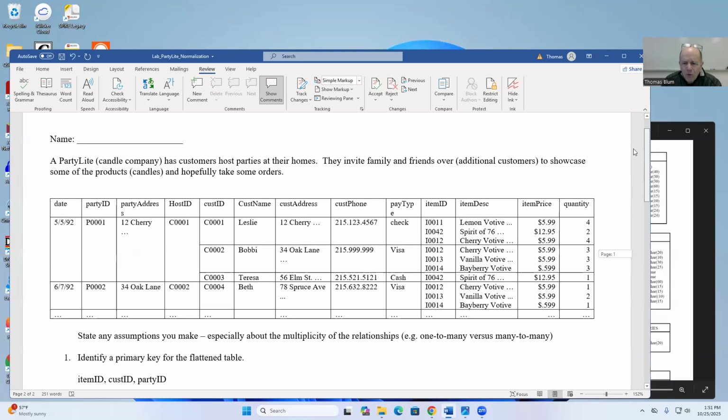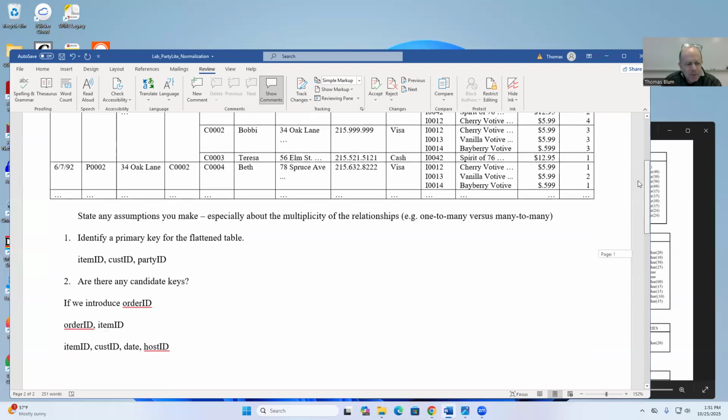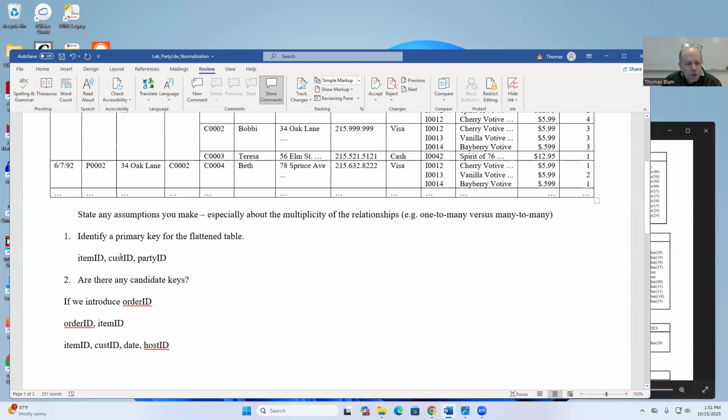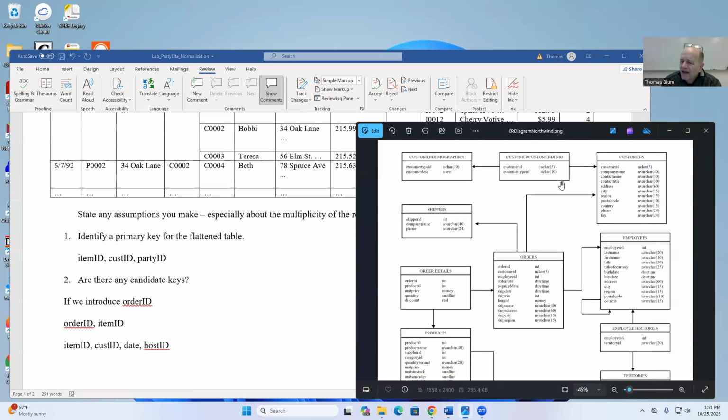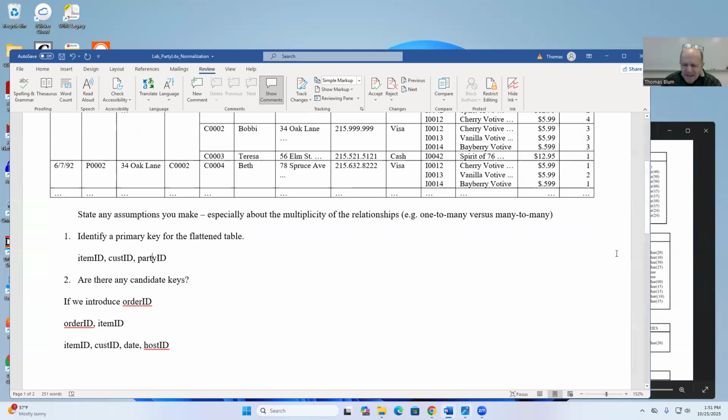Anything else up here? Okay. So we want to know what the customer and the party, as sort of a combination, are what here in North Wind would have been like the order ID.